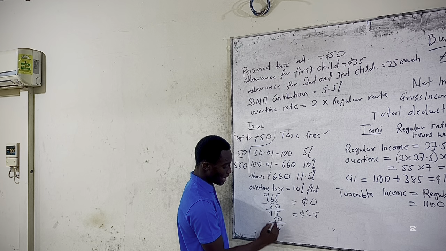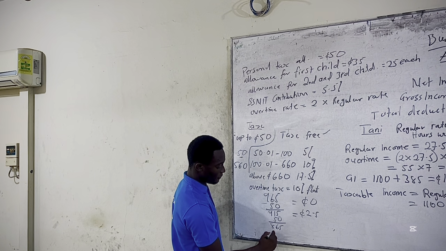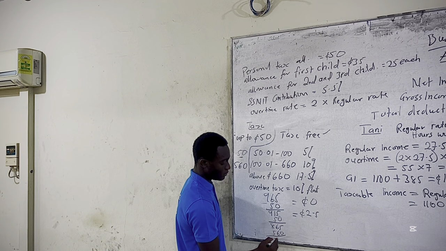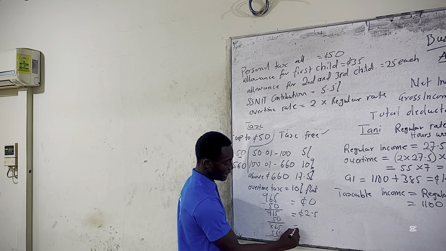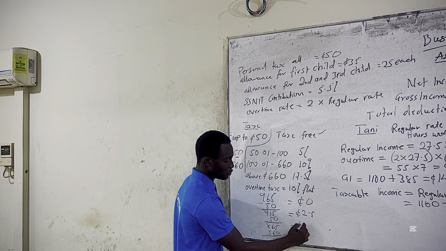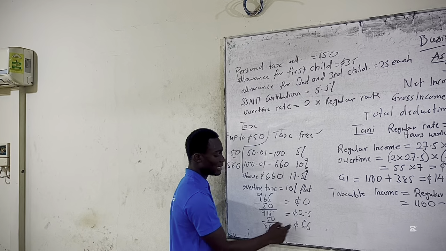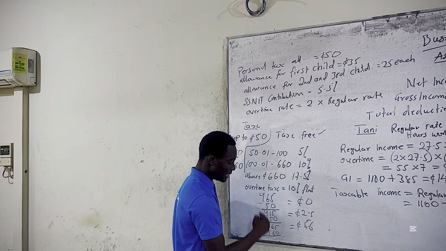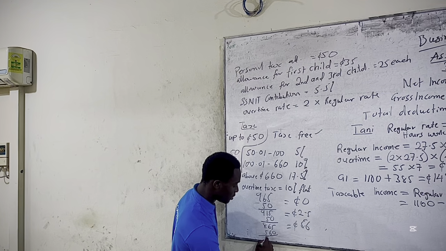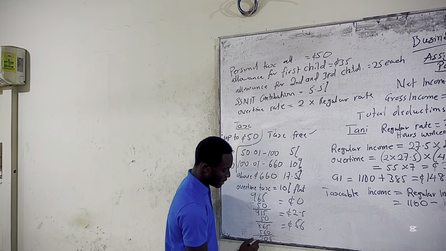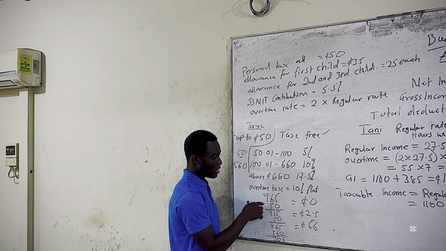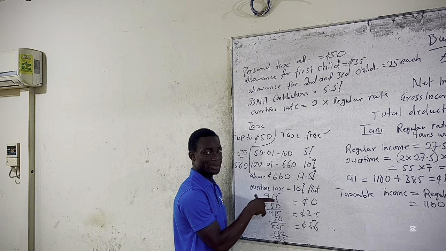And then if you do this deduction, you are going to get 865. And then the next is 560. Now this 560 is going to give you 56 Ghana cedis, because you are looking for 10% on it. Then the next is 305. Now this 305 is the excess, right?